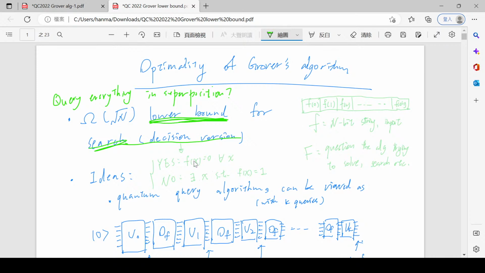Remember, your input is this function, or the truth table of the function. You want to decide whether your input function is 0 on all x, so the constant 0 function, or otherwise there exists an x such that f of x is equal to 1. So you want to decide whether your input function f has this property or this property.